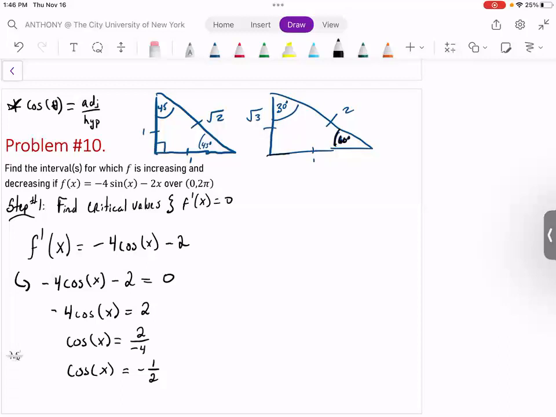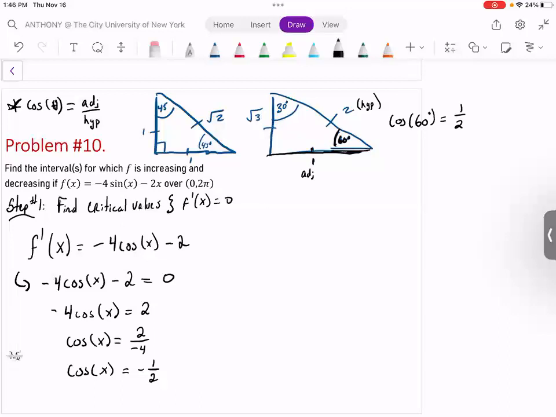Why? Because the 60-degree angle has an adjacent side of 1, and we have the hypotenuse of 2. Right? So cosine of 60 degrees, just by looking at this right triangle here, is going to be 1 over 2.